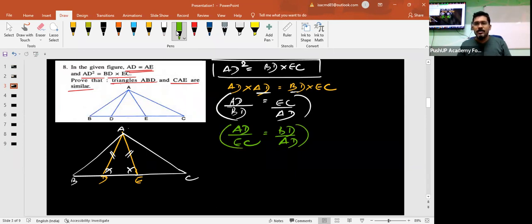Because I can also bring this EC from the right to the left and AD from the left to the right. I'm not very sure which one is going to help us. Again, there is a chance of using the hit and trial method. If the first one works out, well and good. If it doesn't work, we may lose 2 or 3 minutes and we will come back to the correct method. So let's go with the first method and see whether it will work out, if we use AD upon BD is equal to EC upon AD.